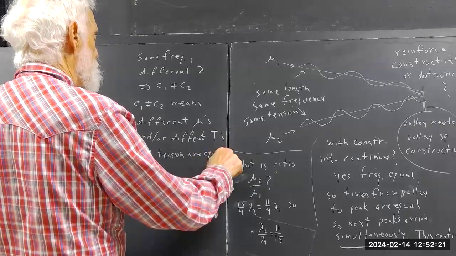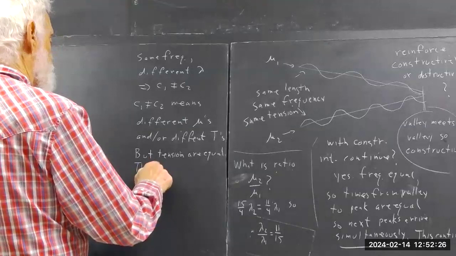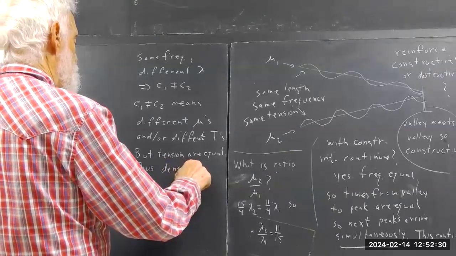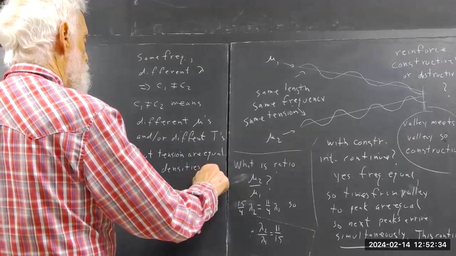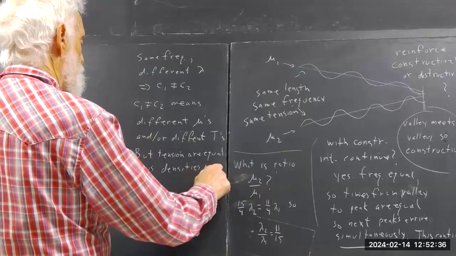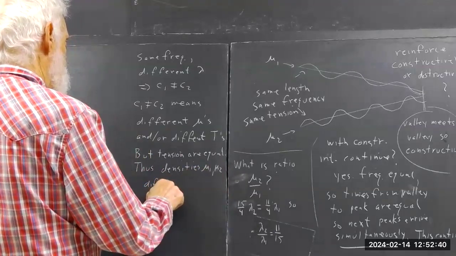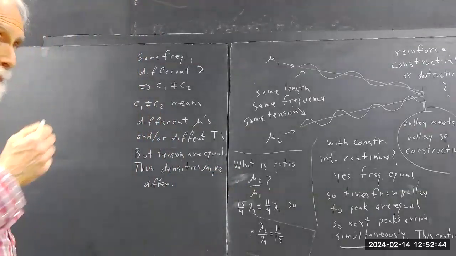Tensions are equal. Thus the densities mu1 and mu2 differ.